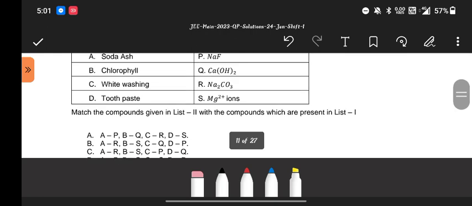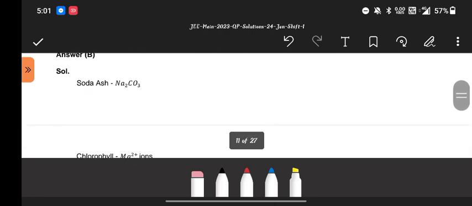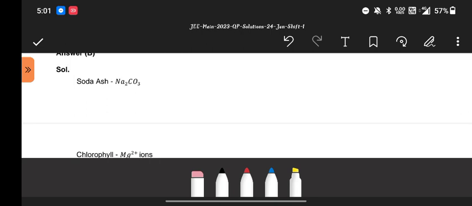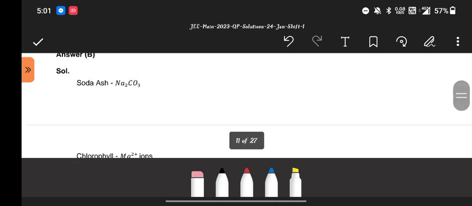Now the correct answer, let us see. Soda ash is Na2CO3, chlorophyll is Mg2 plus ions, whitewashing is CaOH2, toothpaste is NaF.